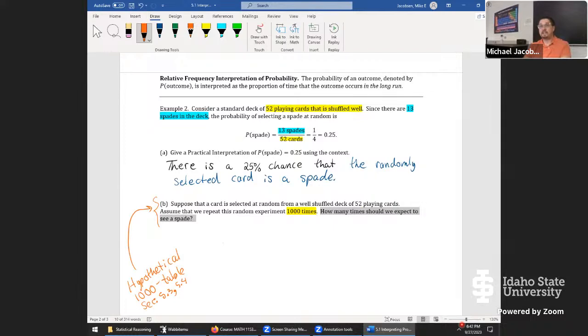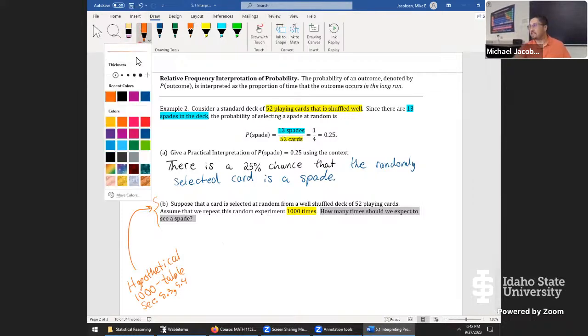It would take a while, but any volunteers for how many spades we're expecting? Close. It wouldn't be a percentage, or depending on how you mean, it'd be a 25% of 1,000, exactly. We take the probability, 0.25, and just multiply that by 1,000, and that will give the answer we see.